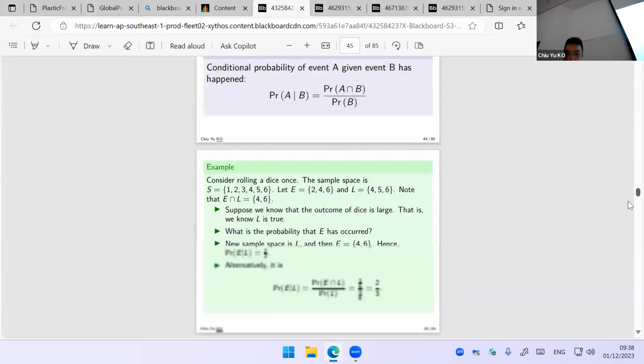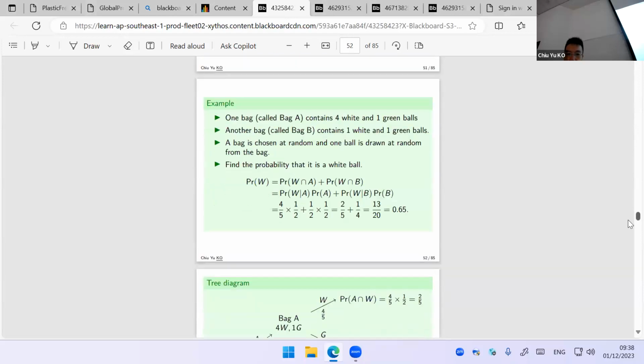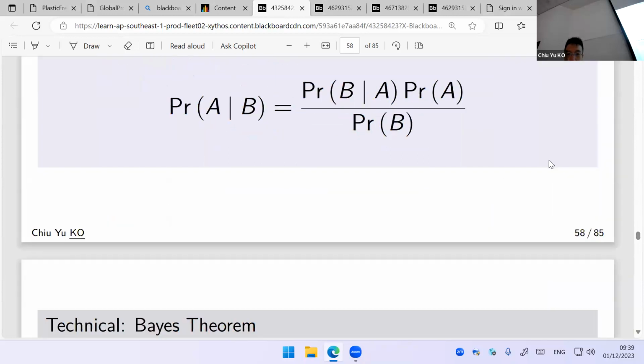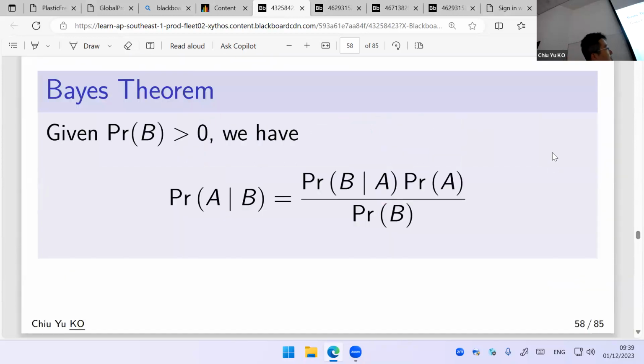So just pick up the Bayes theorem from your slide. The Bayes theorem is like this. B given A, just reverse it, right? Times what is in the front and divide by what is at the back. So let us directly apply that here.